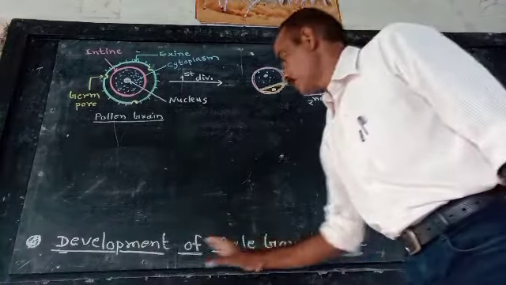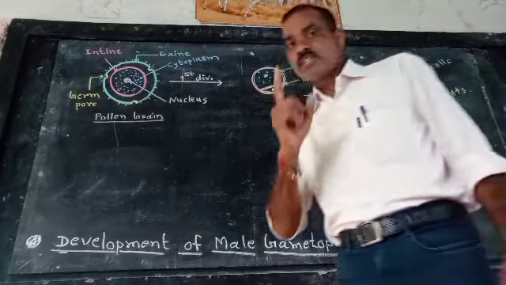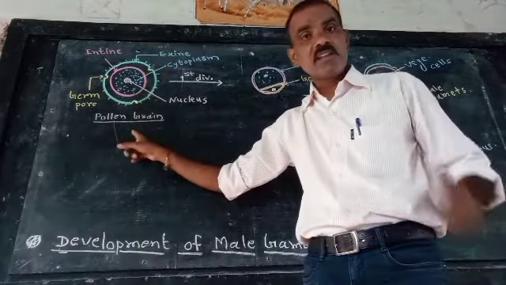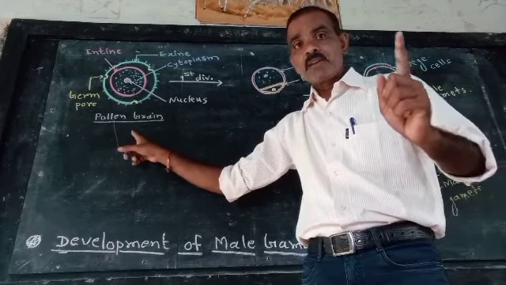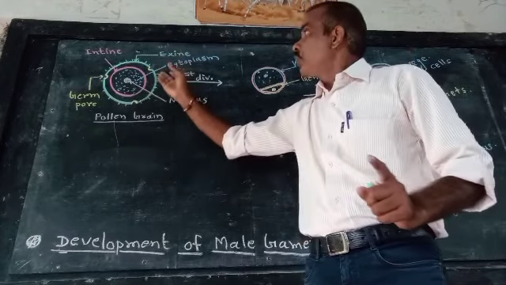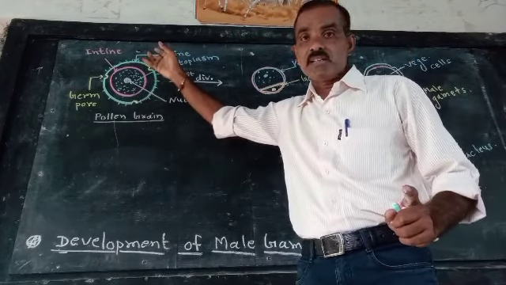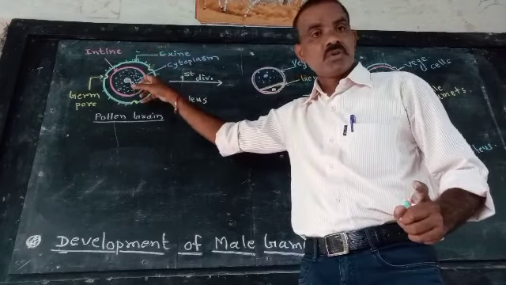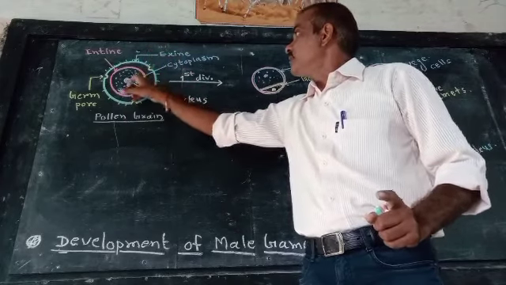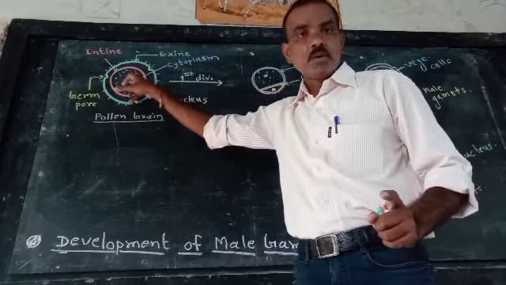How did the development of male gametophyte occur? First of all, that is the pollen grain. Pollen grain is a male gamete containing two walls, outer rough exine and inner smooth intine, and in the center cytoplasm and nucleus.